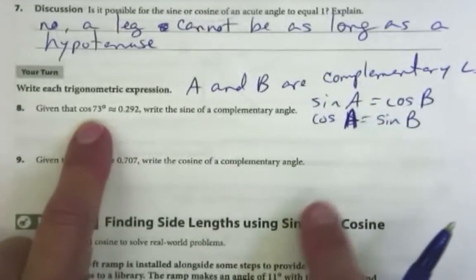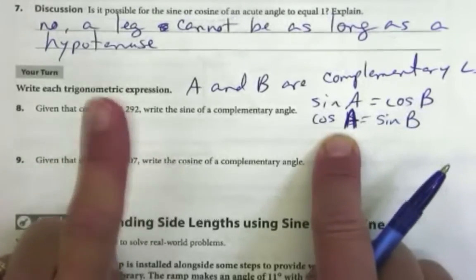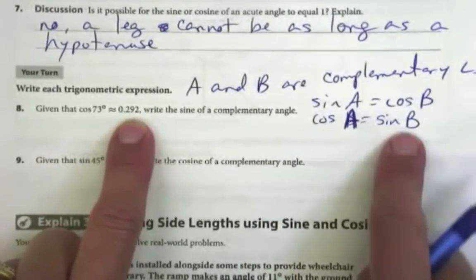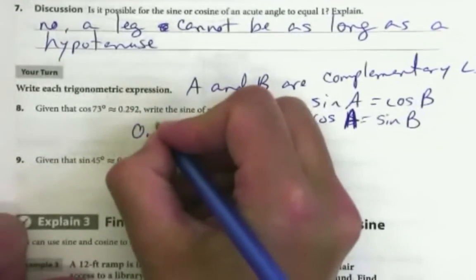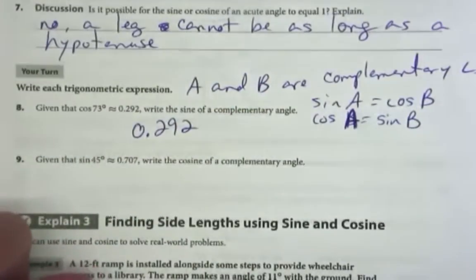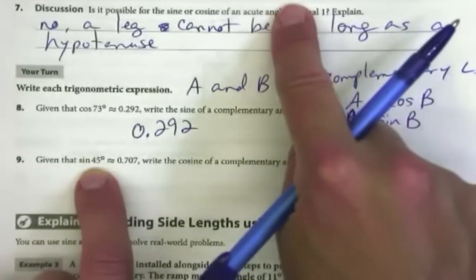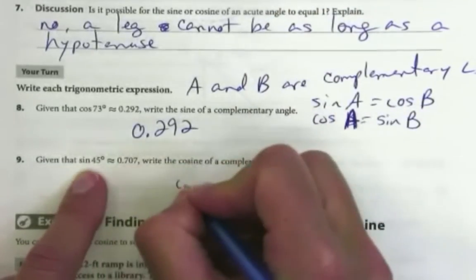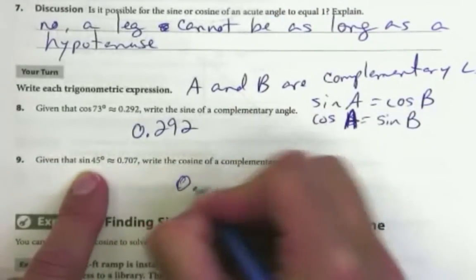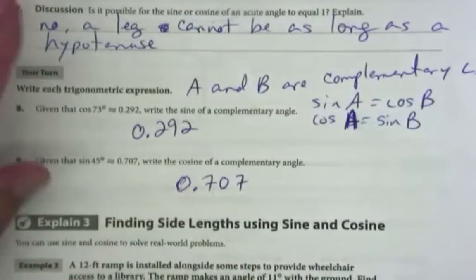Well, if I know that the cosine of 73 is this, then this has to equal the sine of the complementary angle. So it's 0.292. Here, I'm given the sine of 45 degrees. Well, we already talked about how the sine of 45 is going to equal the cosine of 45. So that's also going to equal 0.707 approximately.